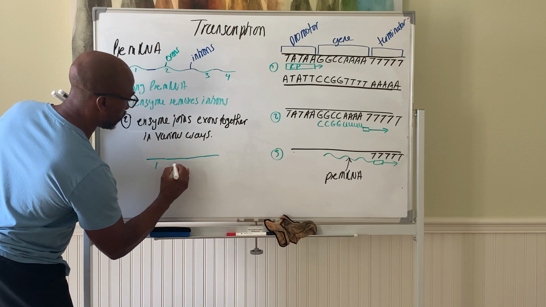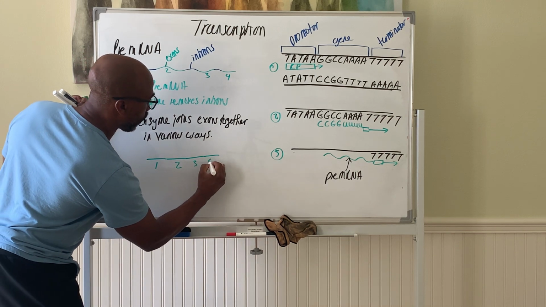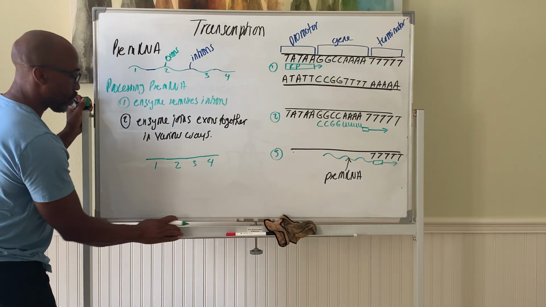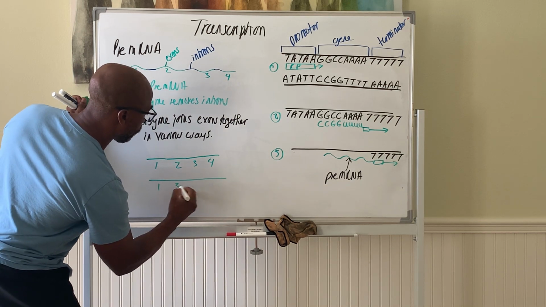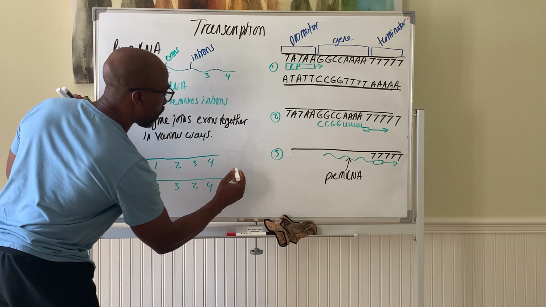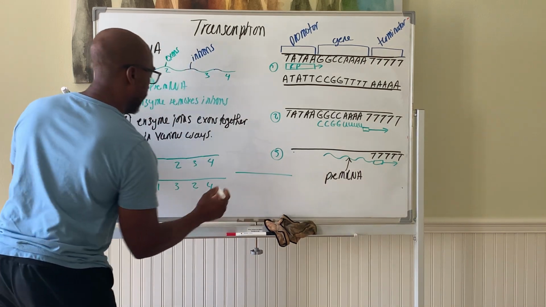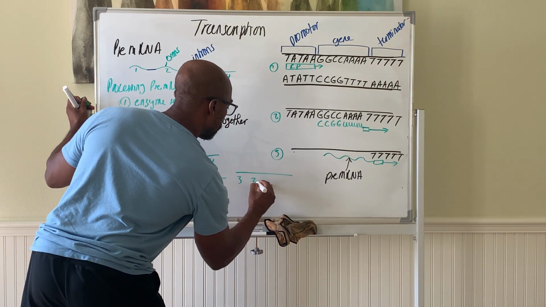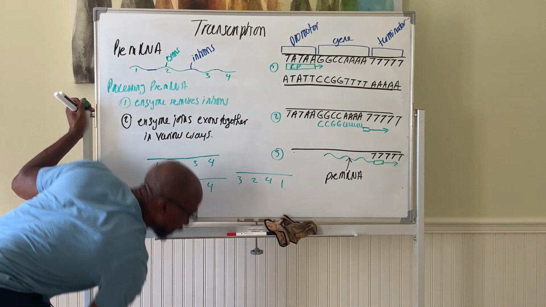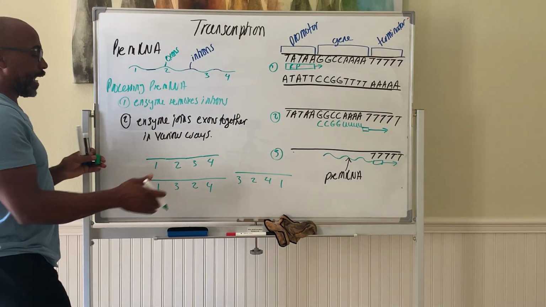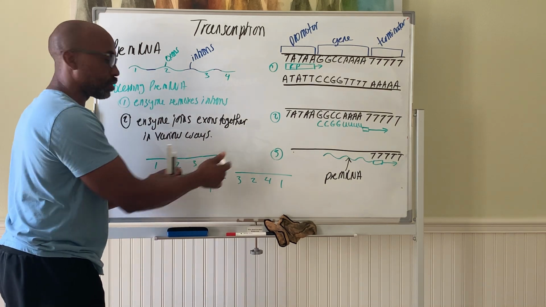So it may do 1, 2, 3, 4. That's how it joins segments. Or it may do 1, 3, 2, 4. Or it may do 3, 2, 4, 1. There are many ways that the cell can assemble the exons together.